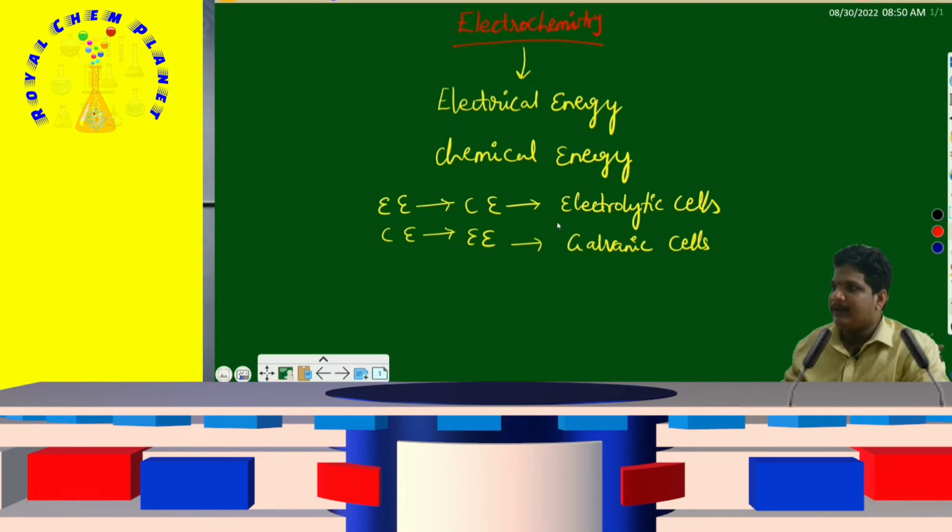In galvanic cells, due to a chemical reaction, electrical energy will be generated.